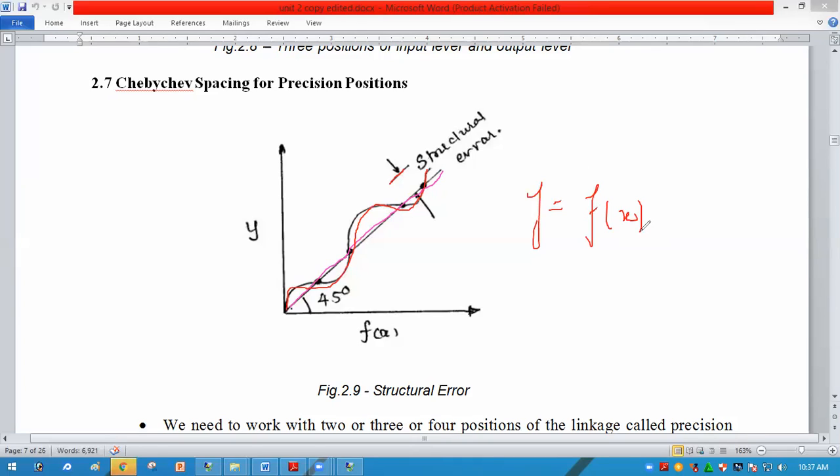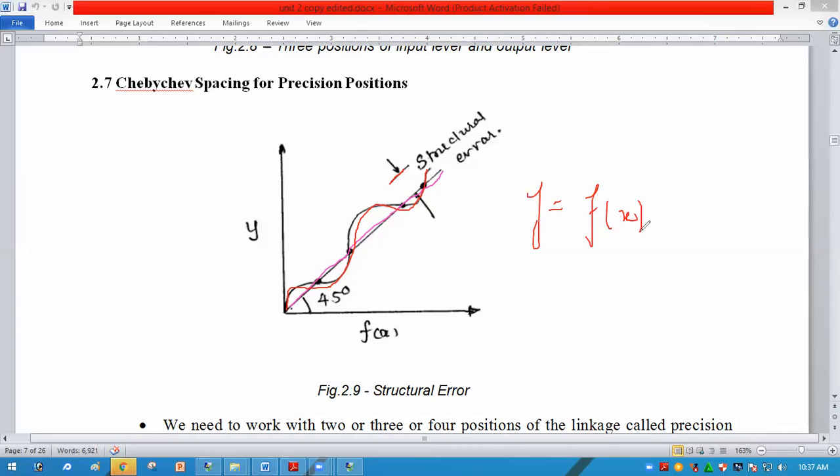The dimensions we have obtained must satisfy the relationship y equal to f of x. In general, linkage synthesis problems don't have an exact solution over the entire range of travel. As you have seen in the graph, there is a structural error: the desired motion is different from the actual motion produced.